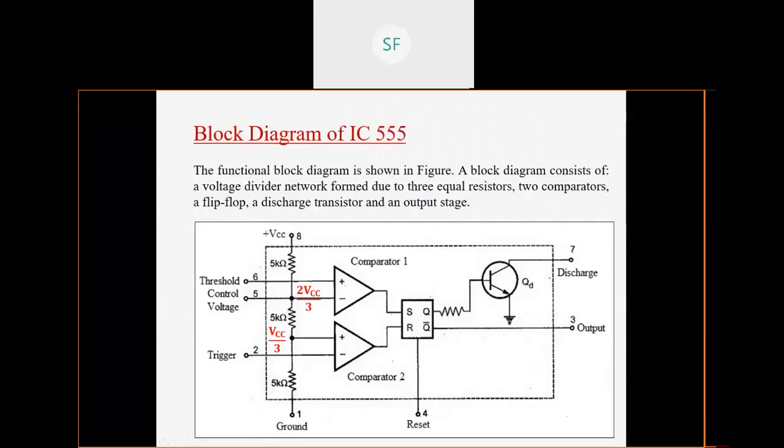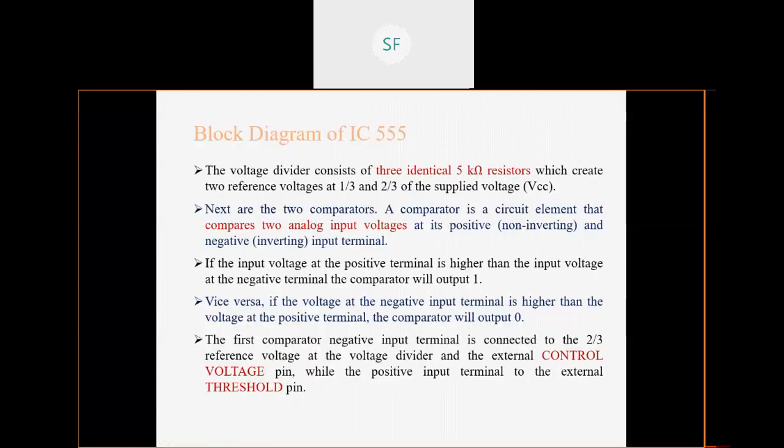Okay, so we shall move ahead. We will be visiting this functional block diagram repeatedly, so don't worry about it. Role of QD? We have not covered it right now. We are just describing our circuit.